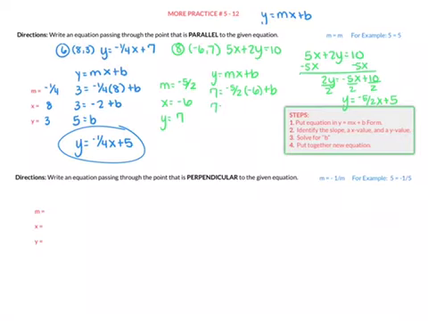This ends up simplifying to 7 equals 15 plus b. And the value for b ends up equaling -8. When we put the equation together, we get y equals -5/2 x minus 8.